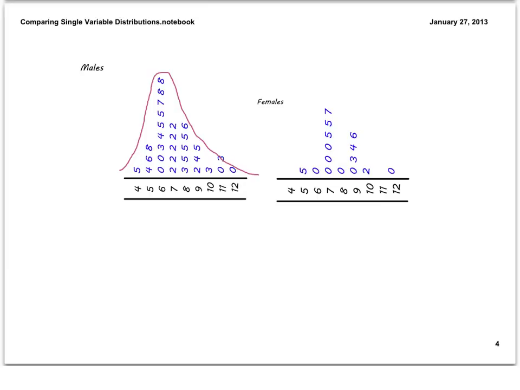Now with the female pulse rate from the back-to-back stem plot, you're going to have to not only rotate it, but reflect it vertically so that the numbers in the stem are in the correct order. They go from 4 to 12 as opposed to 12 to 4. And so if I were to draw a curve around this one, it may look something like this.